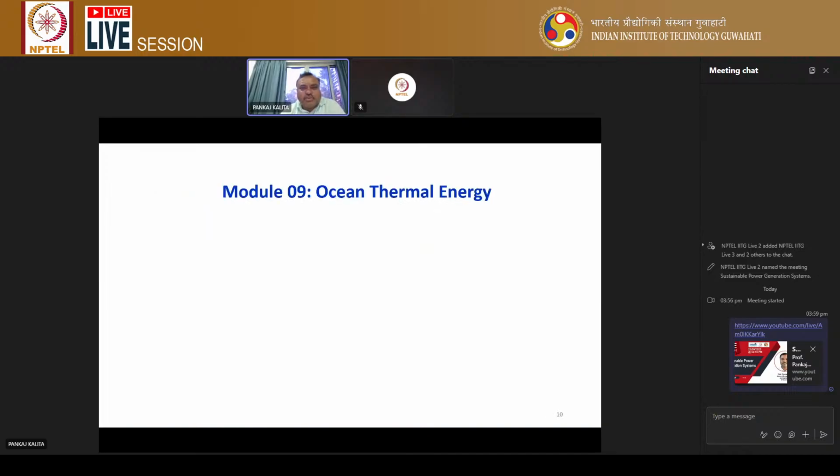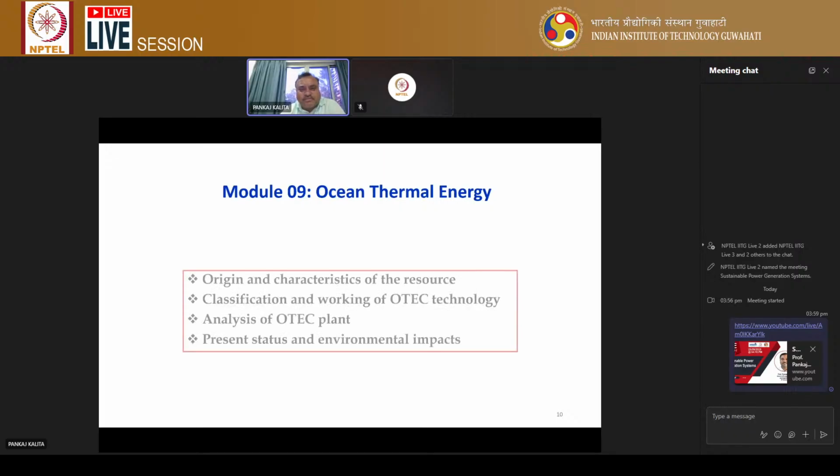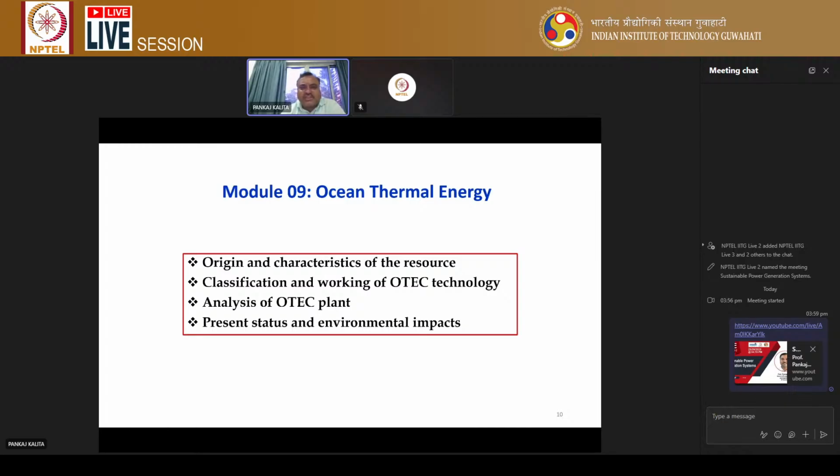So in module 9, ocean thermal energy conversion systems were discussed. How this can be classified, and then what the working of these OTEC technologies is. As far as the working of this technology is concerned, we try to maintain a temperature difference of minimum 20 degrees Celsius. Then only can we suggest this technology.